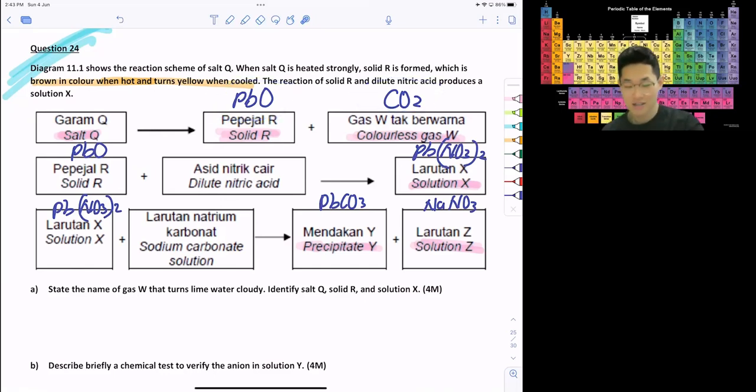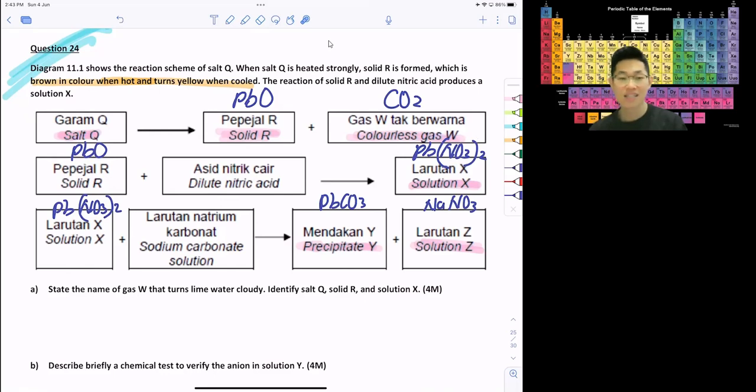PbO, CO2, Pb(NO3)2, PbCO3, NaNO3. Okay, can or cannot? Can. Is there anything you want me to discuss? Can. Okay, then if can, no more, just like that. Is this too hard? I don't think so.